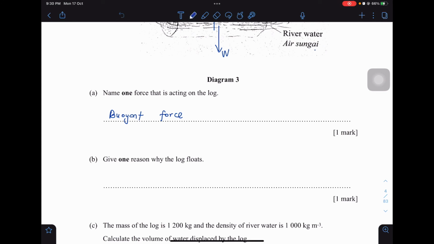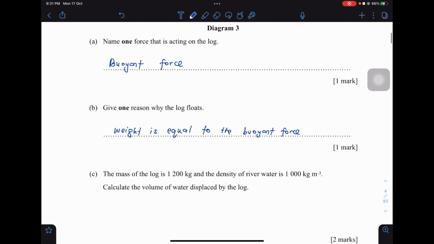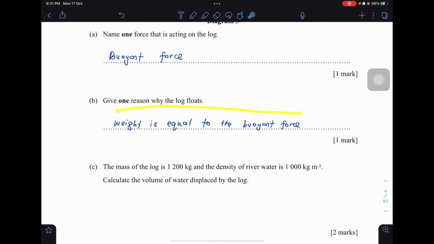The answer is: it's because the weight is equal to the buoyant force. Key thing to know: anything that is floating, the weight is equal to the buoyant force.